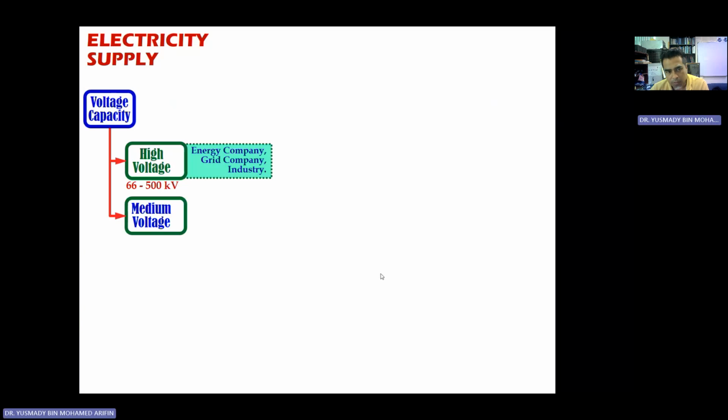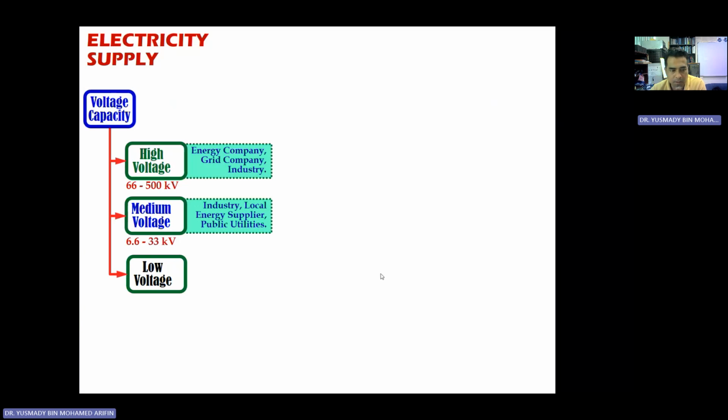And we have medium voltage, with values of 6.6 up to 33 kilovolt, used by medium-size industry, local energy suppliers, and also public utilities. And the last one, the low voltage category, with values between 230 up to 400 volt, used by small industry, local energy supply, public utilities, and also residential.